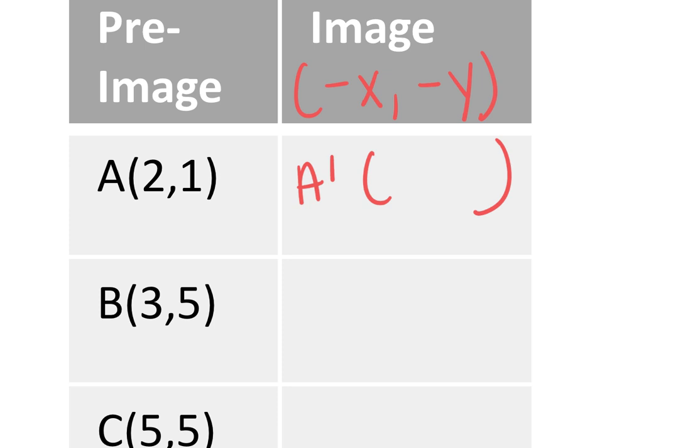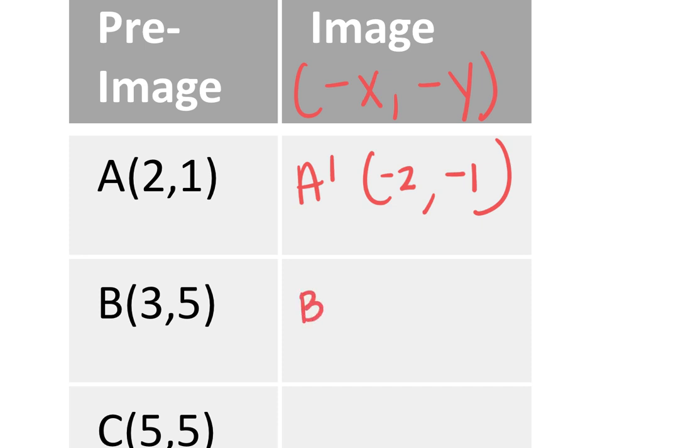All I need to do is change the signs of x and y. So 2 stays there, but I'll change the sign, which is a negative, negative 2. It's a positive one, so I change it to a negative 1. Easy as pie, just change the signs.